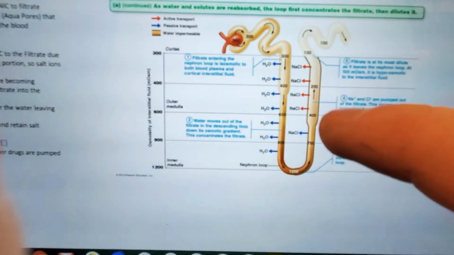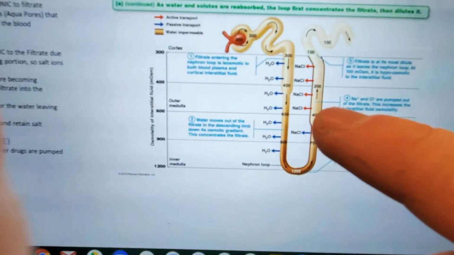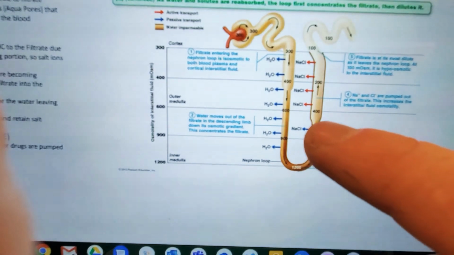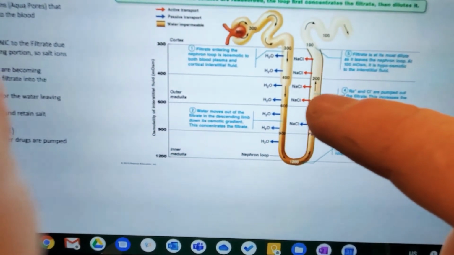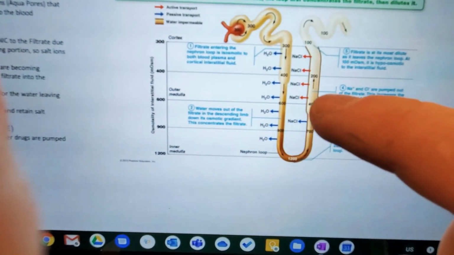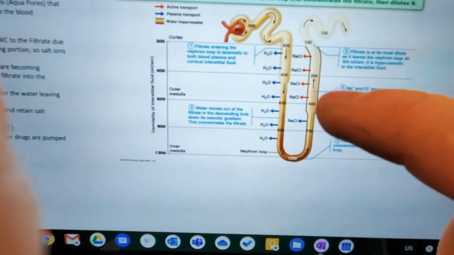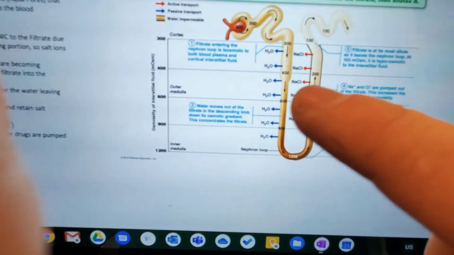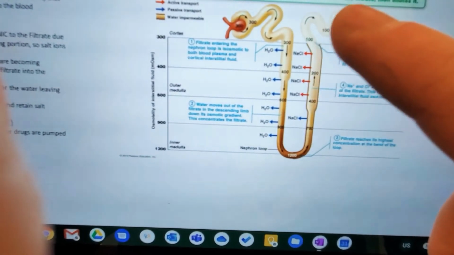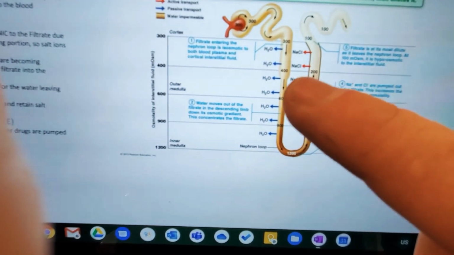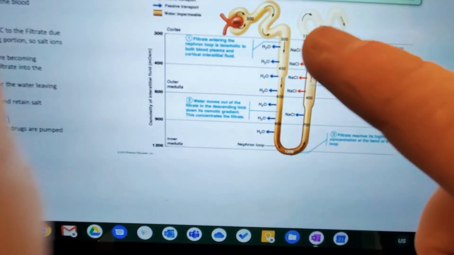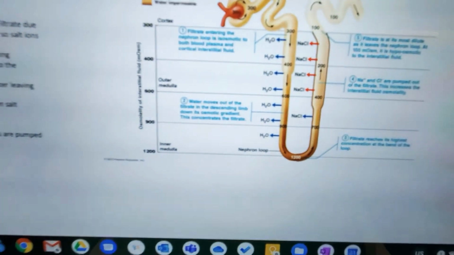So the first bit, the salt is just passively being drawn out through diffusion. And so it gets drawn out passively, so the concentration of salt goes down inside the filtrate, and then active transport picks it up, and it starts drawing the salt out of the filtrate.